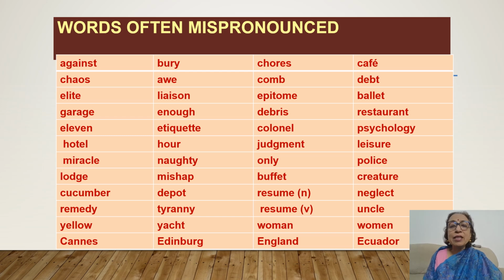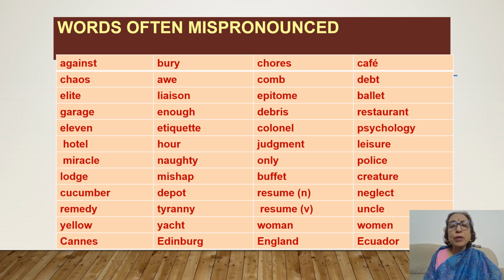The other mistake which people make is the accent. Since we have not done accent yet, I will just pronounce these words, which you can repeat and practice many times. Pronunciation does not come by practicing once.